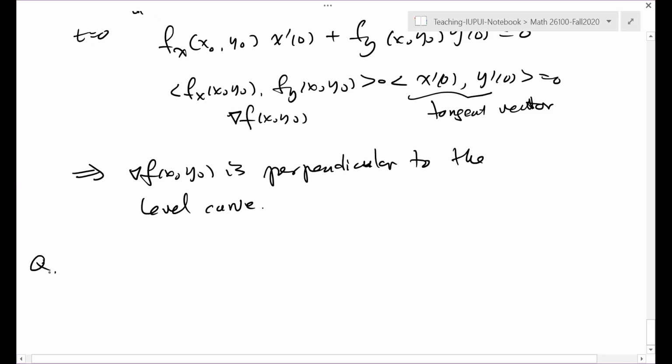But let's take a look at some examples. We already know how to find the directional derivative. Now we just want to find the gradient. Given the function f of x, y equals x e to the y, find the gradient of f at the point 0, 2.